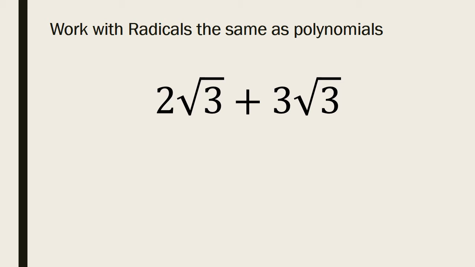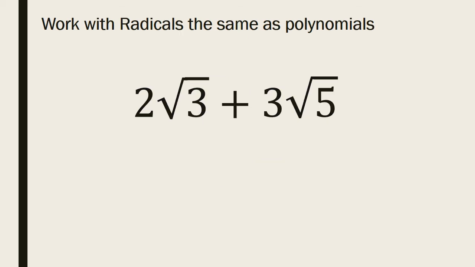In this case, we have 2 radical 3, and the radical here is radical 3, and we have 3 radical 3, and the radical here is also radical 3, which means that these two terms have the same radical, which means they are like terms and they can be combined together. When you add 2 radical 3 to 3 radical 3, you get 5 radical 3.